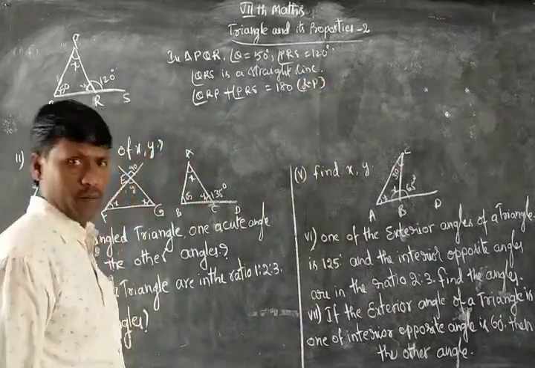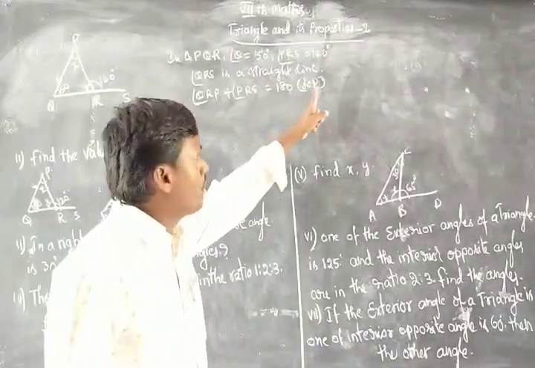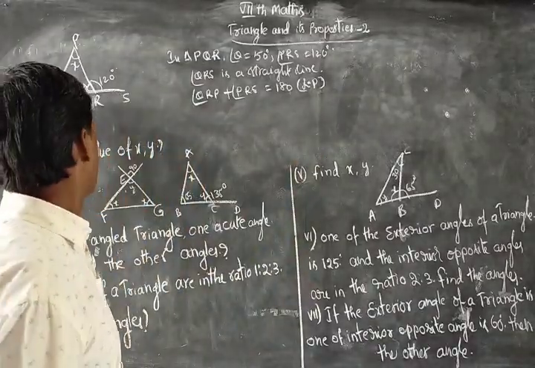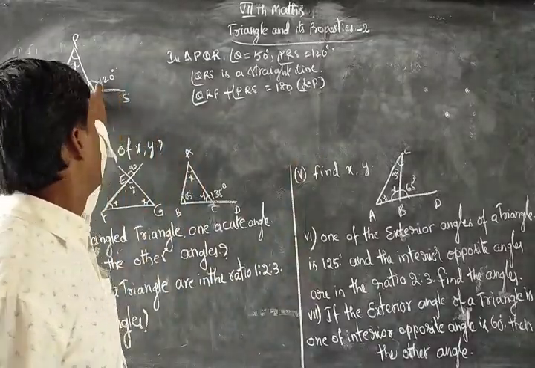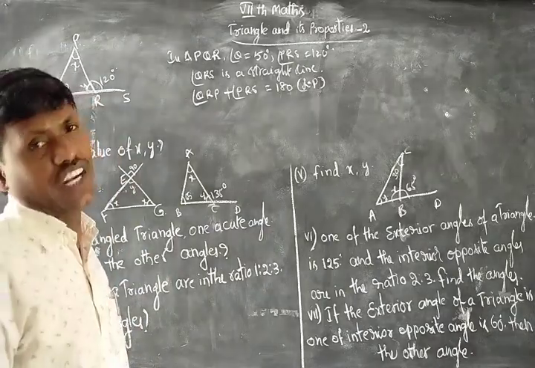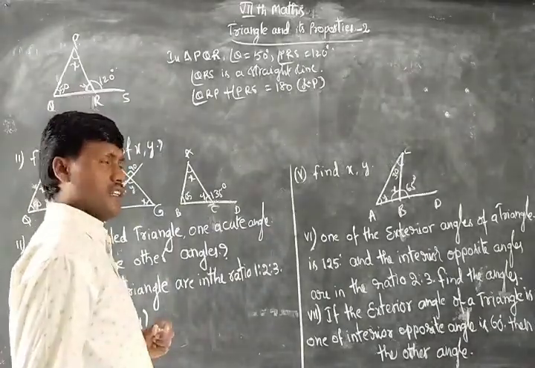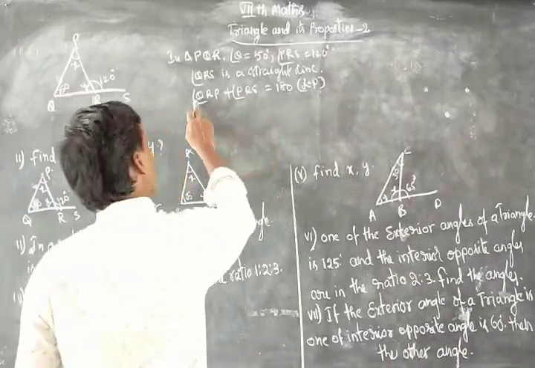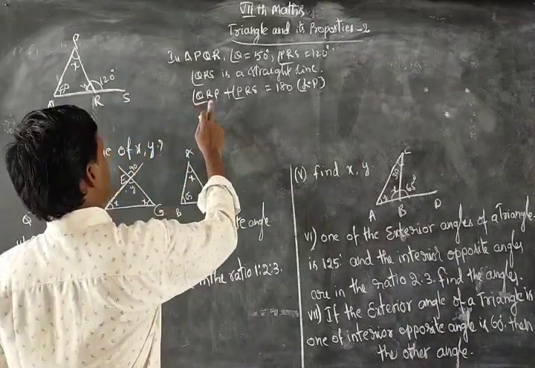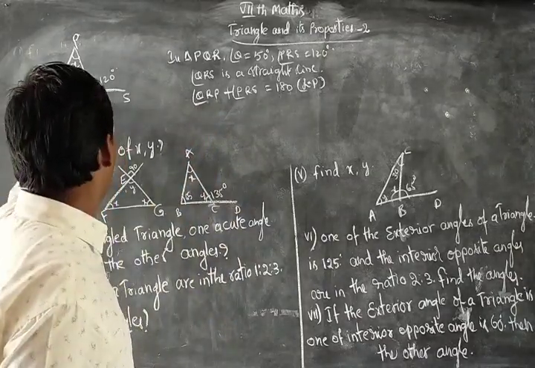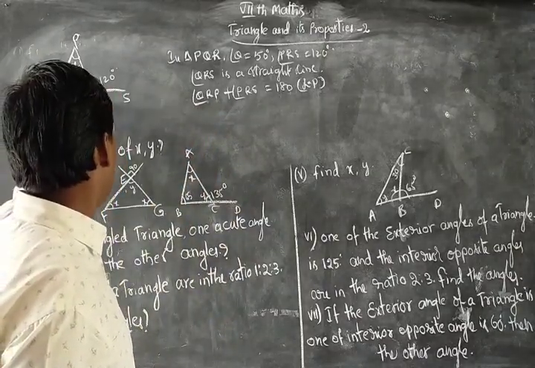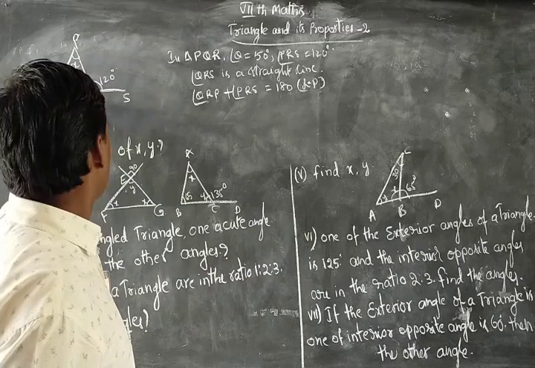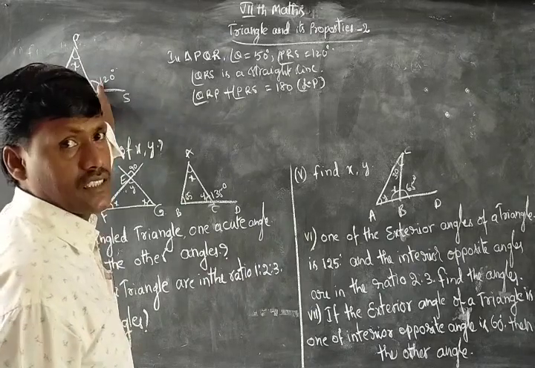LP means linear pair. Linear pair means the sum of two adjacent angles is equal to 180 degrees. In previous classes we learned about that. And what is the value of angle QRP? In this straight line QRS, it has formed two angles.